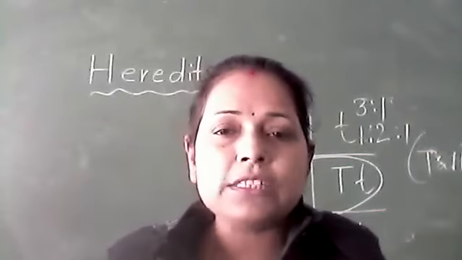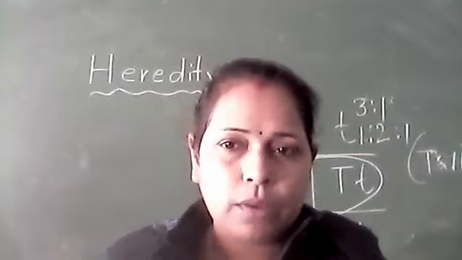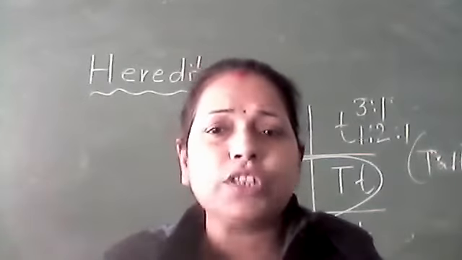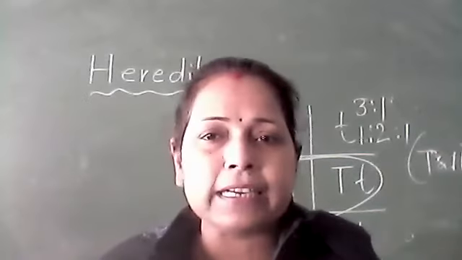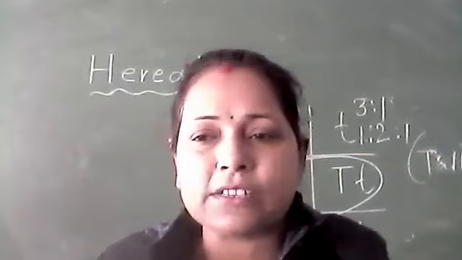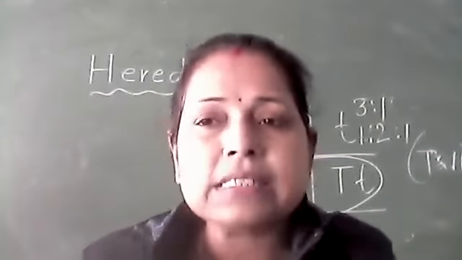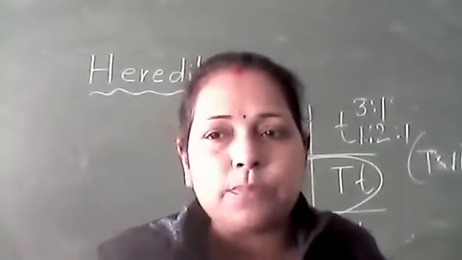It means these two characters are not mixing anywhere; they are segregated in the next generation. The tall and short characters are separate, and that is why we got the short character in the next generation. So this is the law of segregation, and the law of dominance I already explained to you.